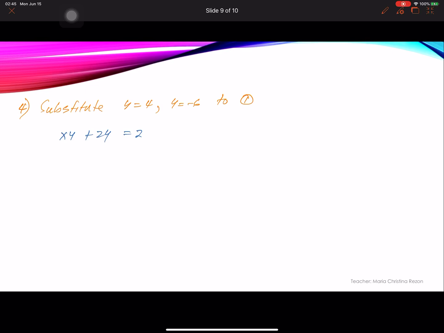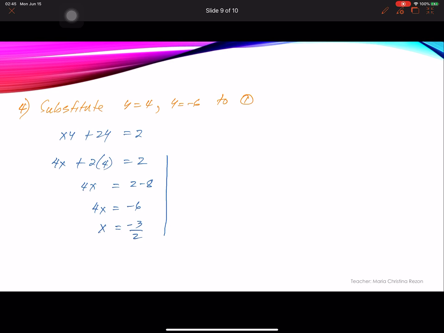Then if you have y is equal to 4, so you will have 4x plus 2 times 4 is equal to 2, and that is 4x is equal to 2 minus 8. So 4x is equal to negative 6. x is equal to negative 3 over 2. And this is for y is equal to 4.